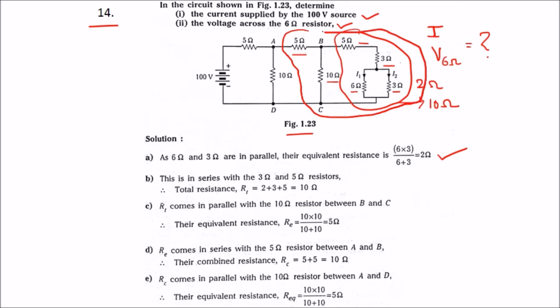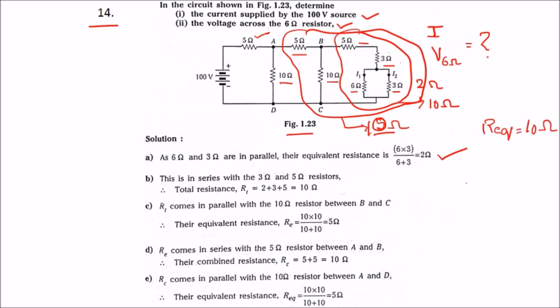So this will be equal to 5 ohm, and this will be equal to 10 ohm. This 10 ohm will again be in parallel with this 10 ohm, making 5 ohm, and that 5 ohm will be in series with this 5 ohm equivalent, making R equivalent equal to 10 ohm.